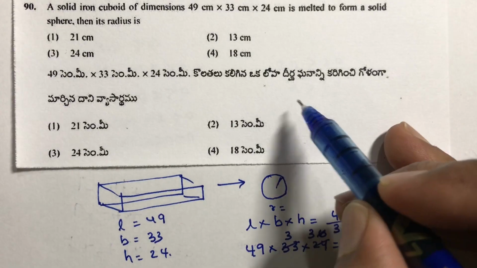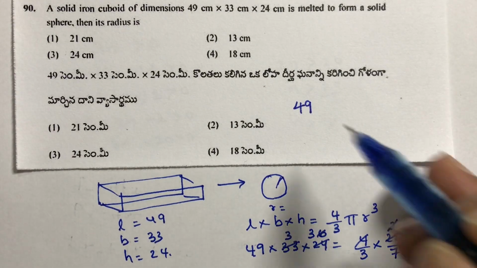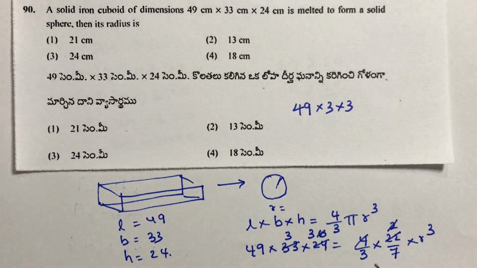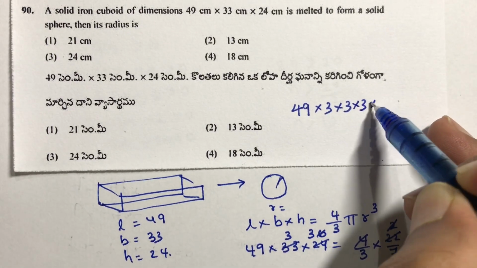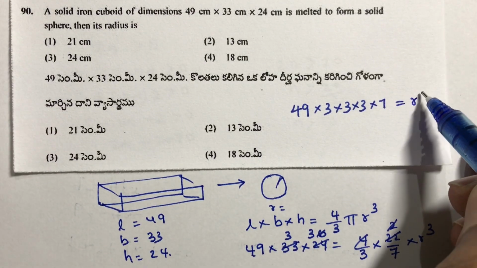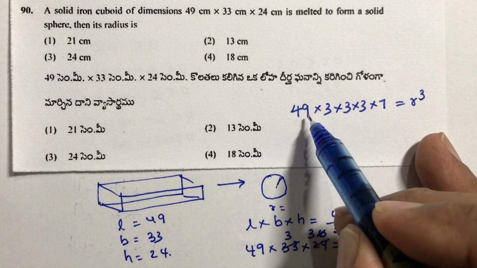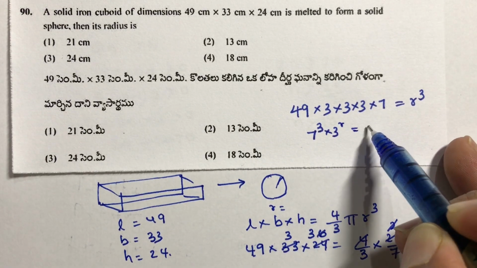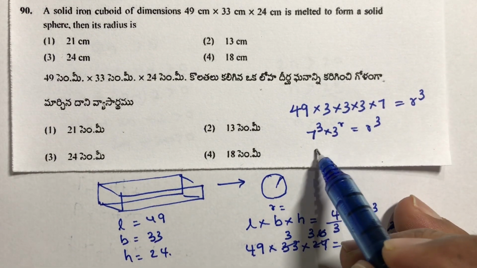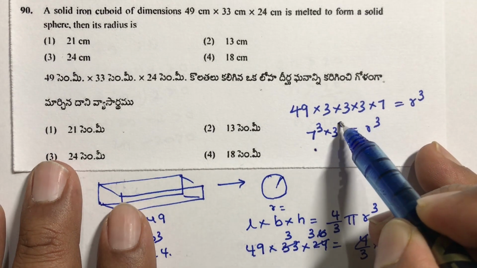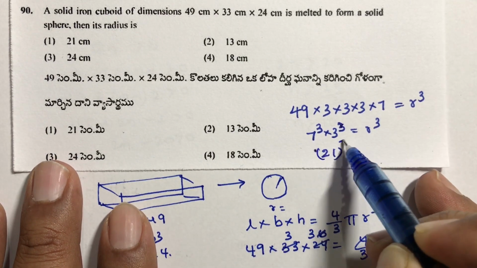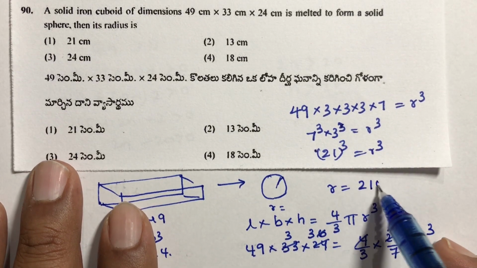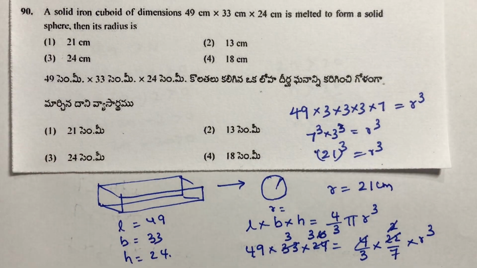So write all these terms here. 49 into 3, here one more 3 is there, into 3, this 3 and 7, into 3 into 7 equals r cube. So here 7 into 7, so 7 cube into 3 cube is r cube. So you can write as 7 into 3, 21. So 21 cube is r cube. So radius will be 21 centimeters. So the correct option is 1.